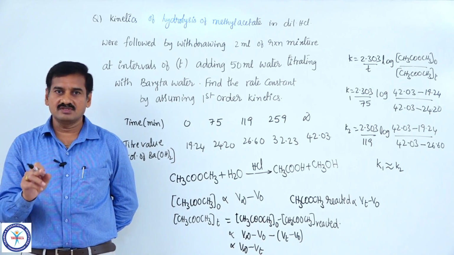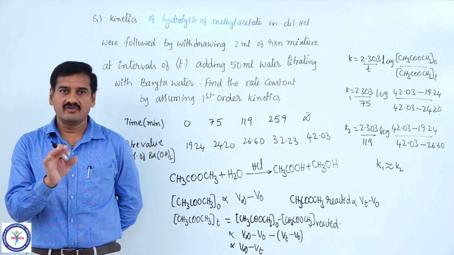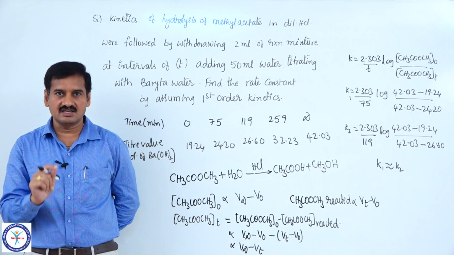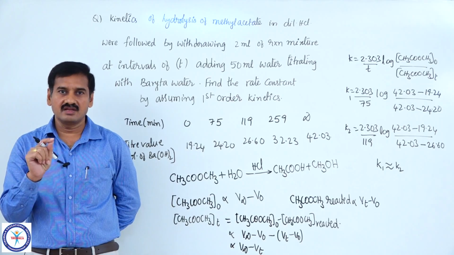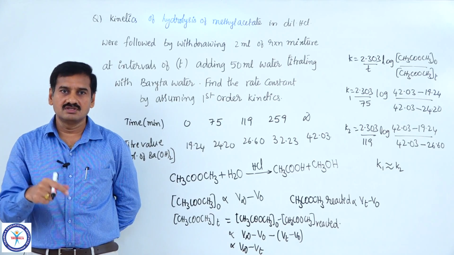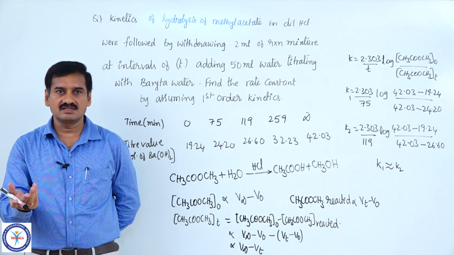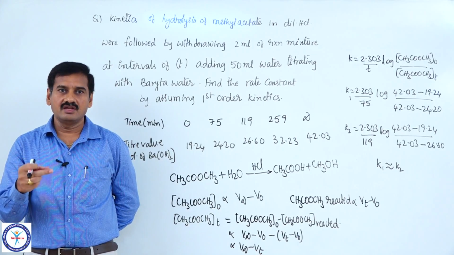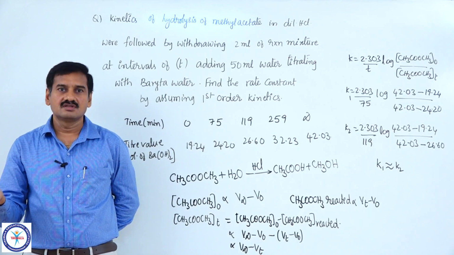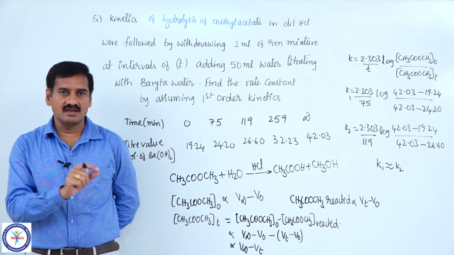At different times, different concentrations, when you substitute and get the same value of K each time, you have to say that the reaction is following first order kinetics. Otherwise, you have to go for the equation for zero order kinetics. If again you are not satisfied with the results, you have to go for another equation. It is hit and trial method.